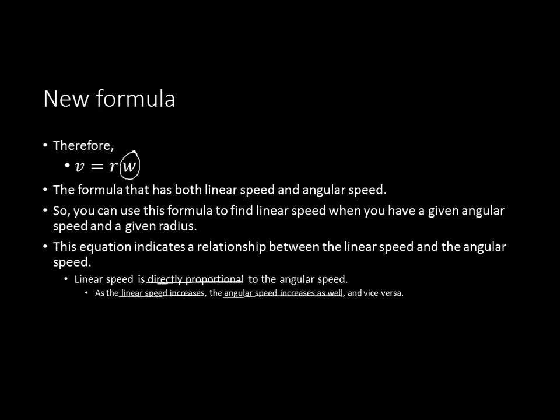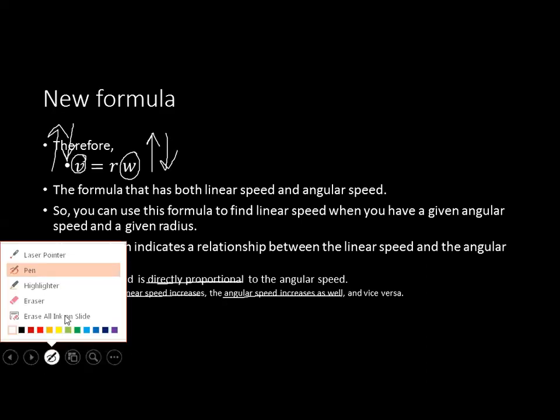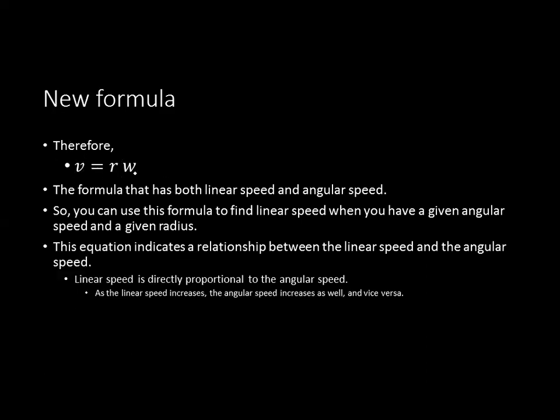If the angular speed increases, the linear speed increases. Conversely, if this one decreases, then the linear speed also decreases. I hope you get what I mean here, because this is important information about this formula. This is the new formula we're going to use.